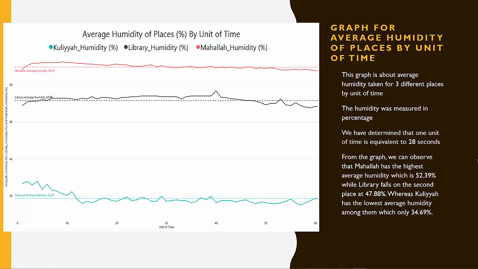From this graph, we can observe that Mahalah still has the highest average humidity, which is 52.39%, while library falls in second place with 47.88%, whereas Kuliah has the lowest average humidity among the other places, which is only 34.69%. So, based on these two graphs, it still shows that Kuliah is the best place to study based on temperature and humidity.